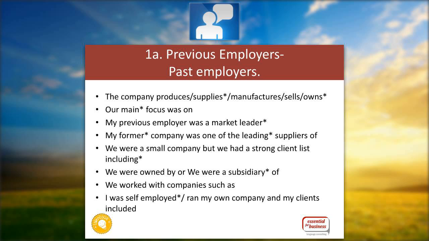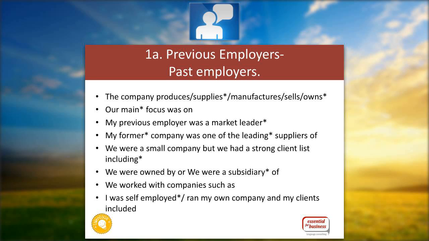Now, you can connect both of these sentences. So my company produces, thank you for the corrections. The company produces, supplies, manufactures, sells, or owns, but our main focus was on something. Now, I'd like you to start thinking now how this applies to you, what your company did.